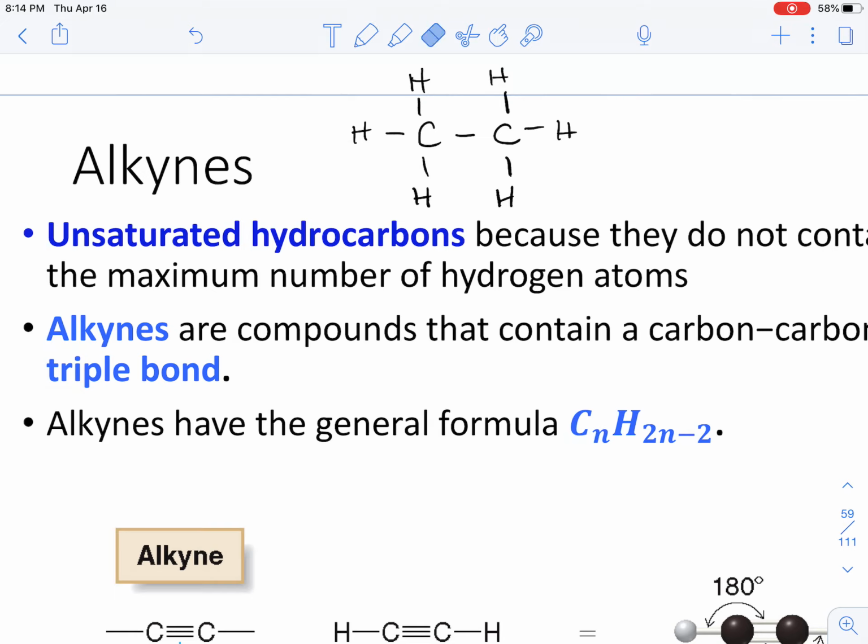For an alkyne or a triple bond to be formed, I need to get rid of 2 hydrogens, and that bond is going to go between the 2 carbons. Right now I have an alkene. To create a triple bond, I have to get rid of another 2 hydrogens, and then that bond is going to be between those 2 carbons.